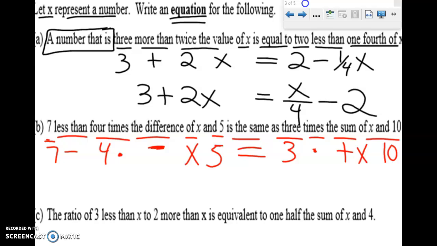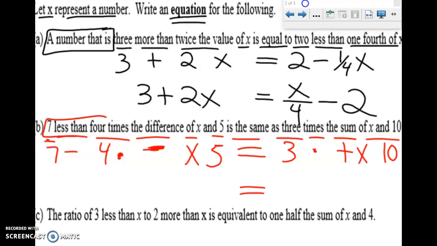Now, there's a couple instances here where I've got operations right next to each other, so that can be a little tricky. The key thing is we can separate the left side from the right side, because whatever's on the left isn't going to be affected by what's on the right. So here we go. 7 less than 4 times the difference of x and 5.